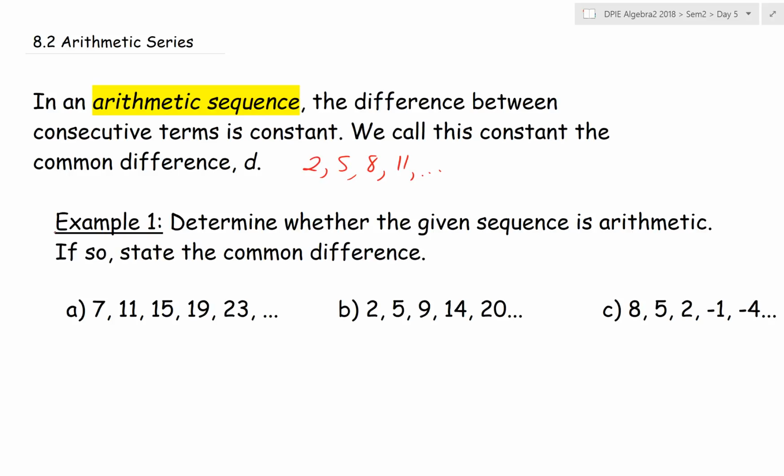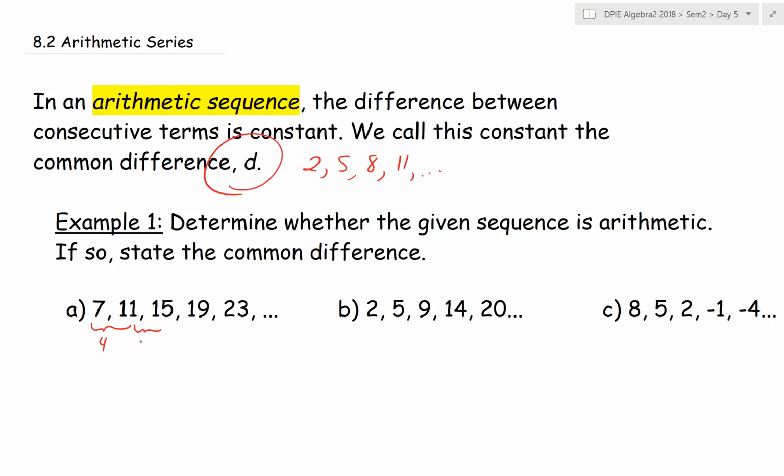Okay, so in example 1, we are going to look at each of these sequences and decide whether or not they're arithmetic. And if they are arithmetic, then we want to state the common difference. We usually refer to the common difference of an arithmetic sequence as d. So in example A, the difference between 7 and 11 is 4, so we would add 4 to get from 7 to 11.